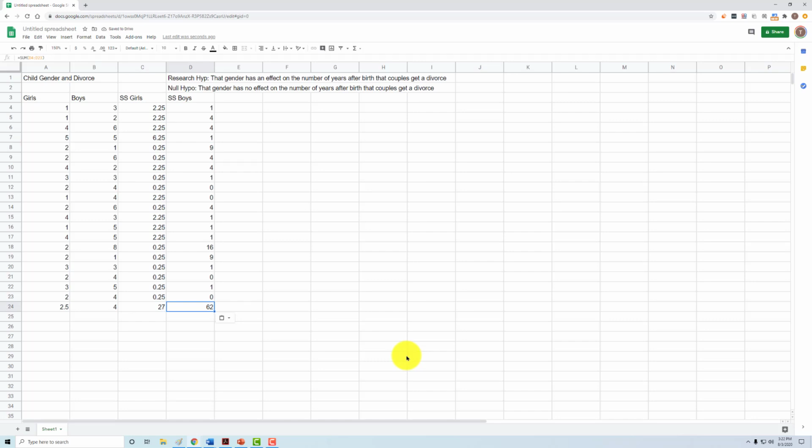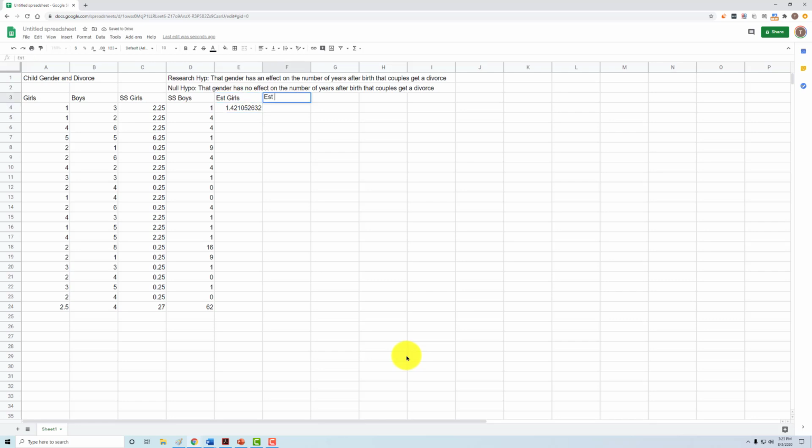Okay, so then we can get the estimated variance of the population for each group, right? So the estimated variance for girls is going to be equal to the sum of squares divided by the degrees of freedom, which in this case is 19.